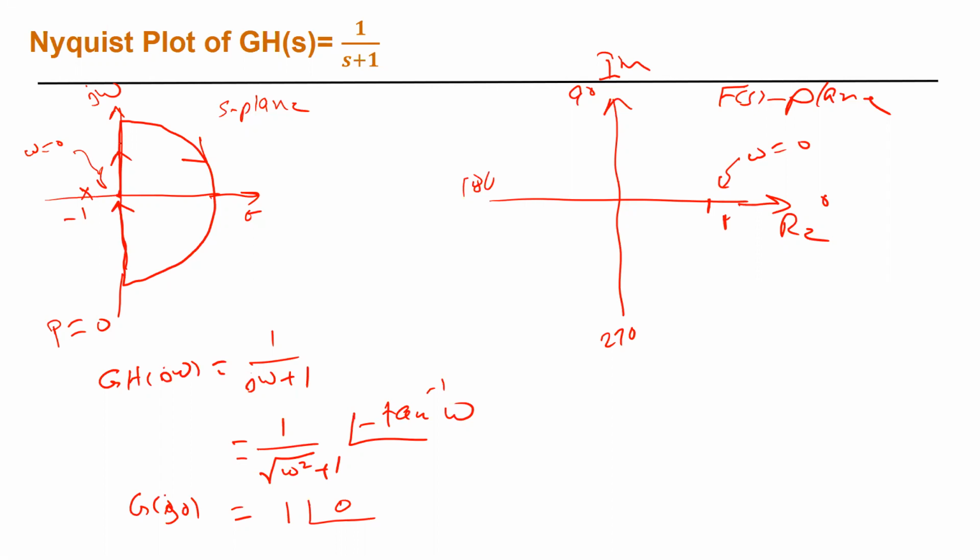Now I am moving in this direction, increasing omega. Let me take the extreme case, G of infinity. What will be the magnitude? 0, with angle minus 90.